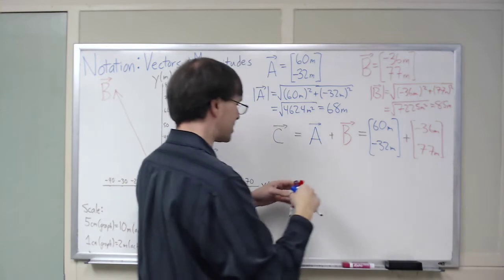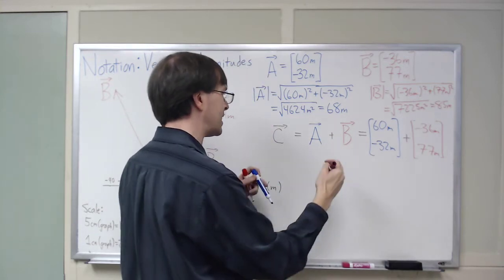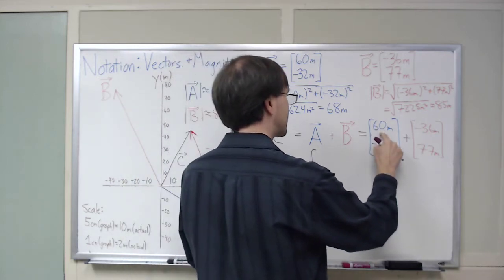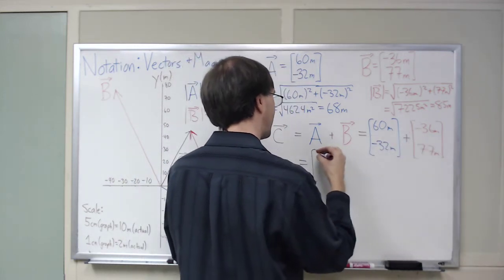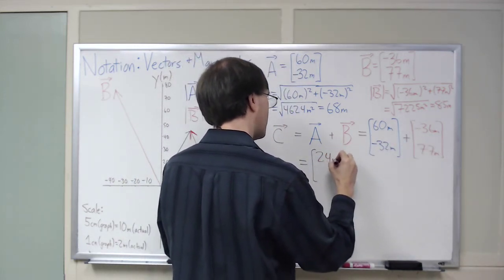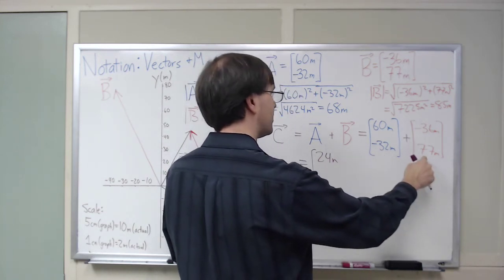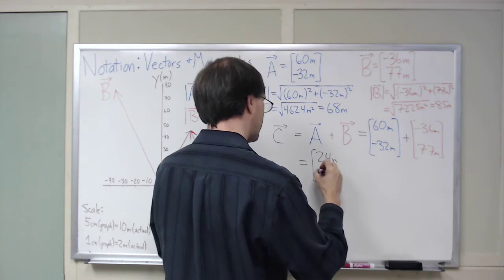And if I put those together, all I do adding in components is I add the x components together. 60 plus negative 36 is 24 meters. And I add the y components together. Negative 32 plus 77 is 45 meters.